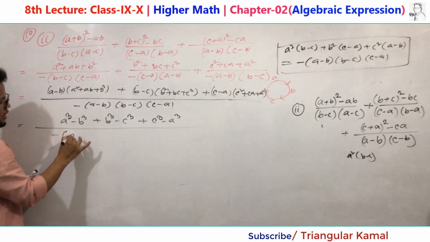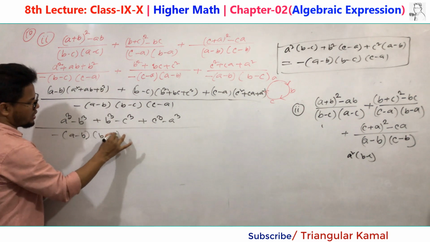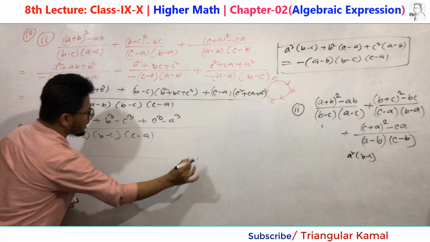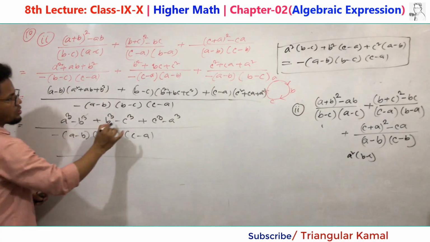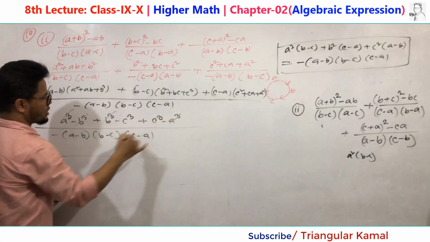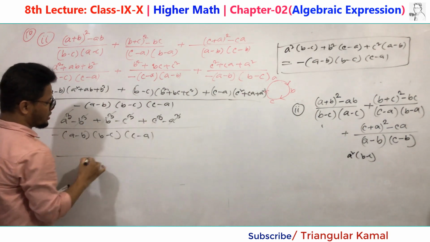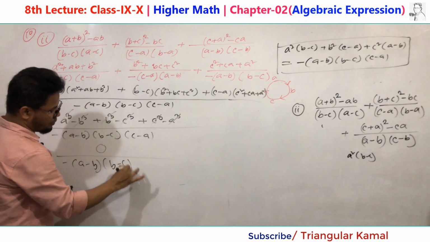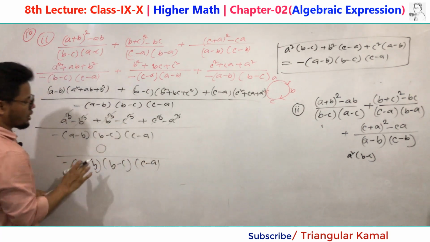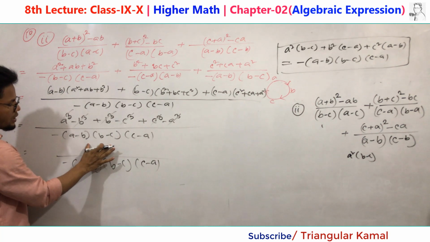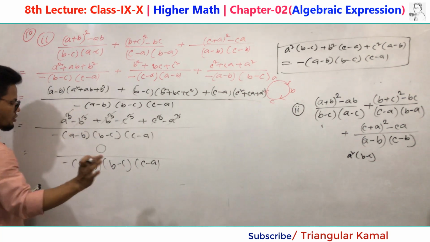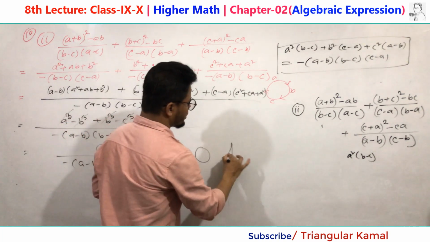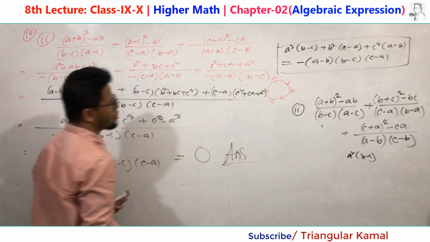The denominator part, (a minus b)(b minus c)(c minus a), will remain the same. After simple calculation, a cube minus a cube, b cube minus b cube, c cube minus c cube, the remaining part in the numerator is 0. So the numerator is 0 and the denominator is nonzero, so the final result will be 0, and this is our final answer for number 2.